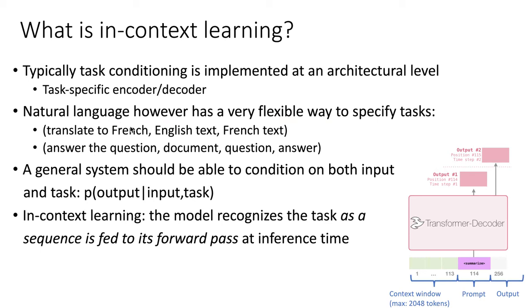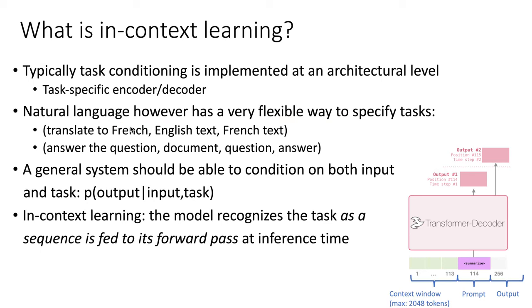Okay, so I want you to translate something to French. What does that mean? I'm going to give you a few examples, like this is a text in English, and this is the equivalent text in French. And you only need one or two examples, and the person is ready to go. You don't need to update your gradients in your head by absorbing hundreds of thousands of examples, and then you can do the task.